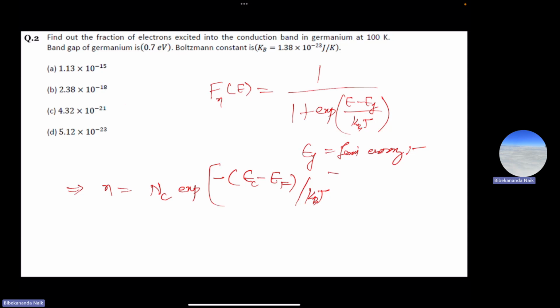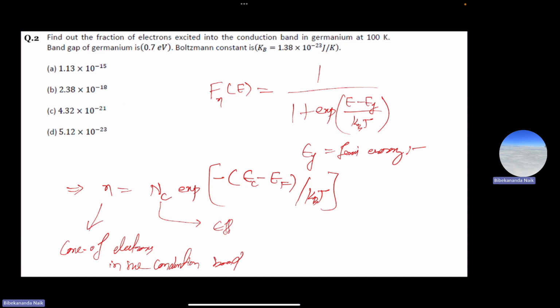Here N is the concentration of electrons in the conduction band, and NC is a constant, which is the effective density of states in the conduction band.